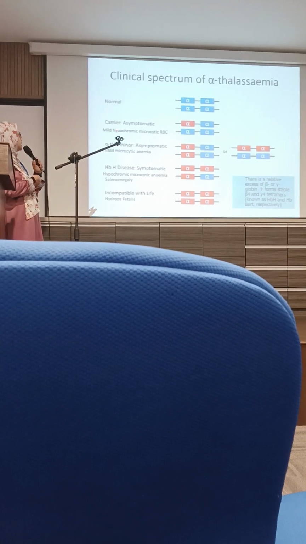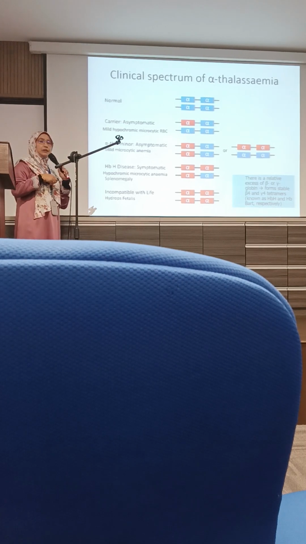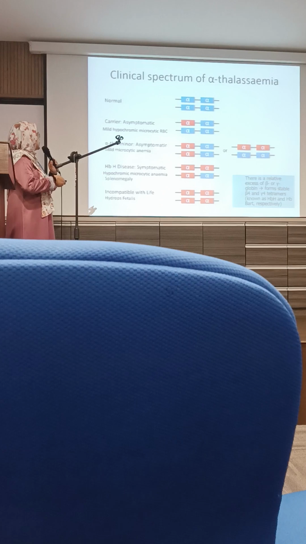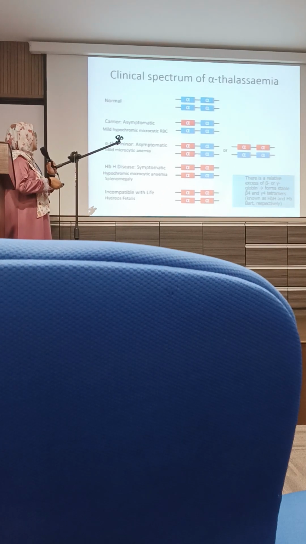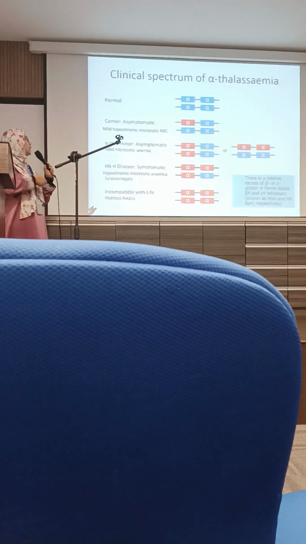But if you look at the red cell, they are hypochromic microcytic. So this one also you boleh detect in the screening. Alpha thalassemia minor, which is also asymptomatic, they lose two genes, two gene deletion, either in different allele or in the same allele. Tak kisahlah, both are asymptomatic and they have microcytic anemia.